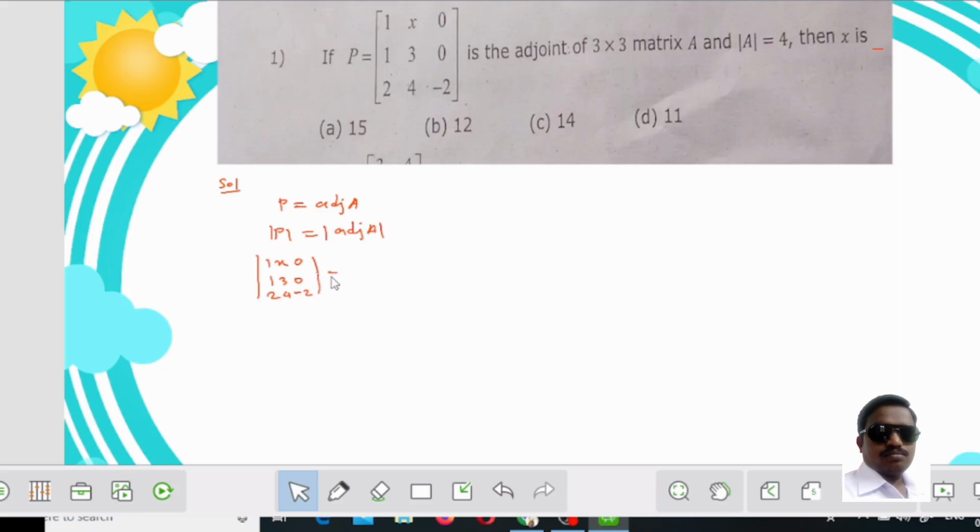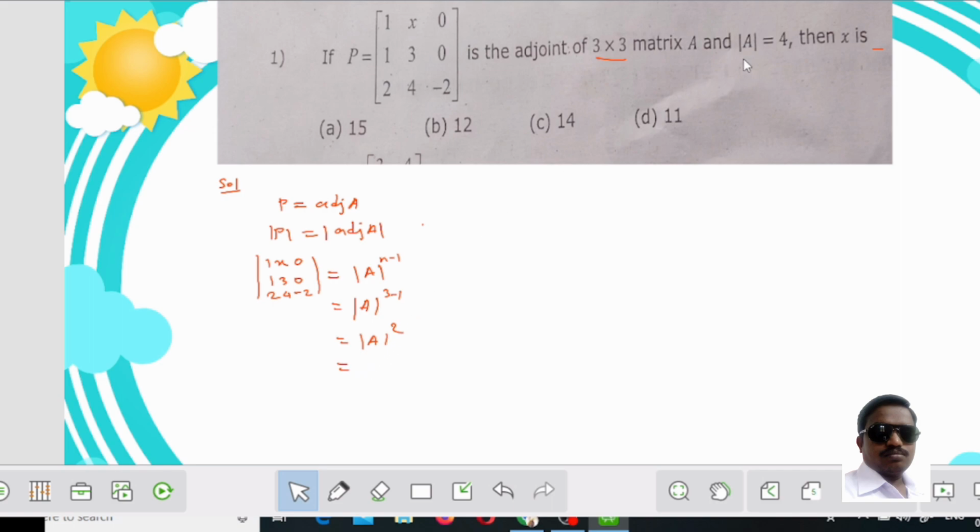This is determinant P, and we know well a formula that determinant of adjoint A is determinant of A power n minus 1, where n is the order of A. In the question there is no order of A, but they are giving 3 by 3 as the order of adjoint of A. We know very well the order of adjoint of A is also equal to the order of A, so we may use 3 in place of n. 3 minus 1, so determinant of A power 2.